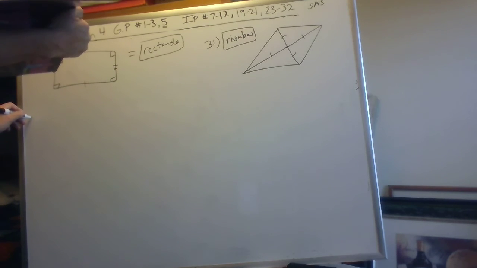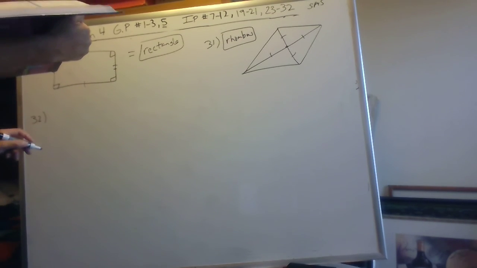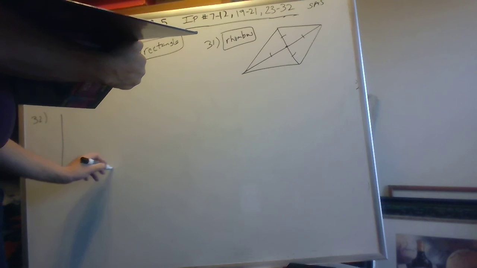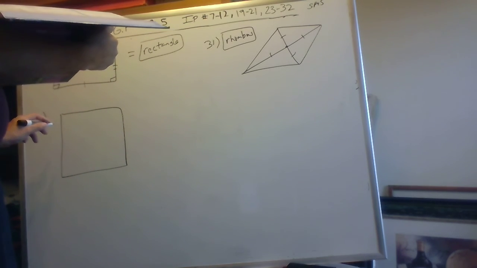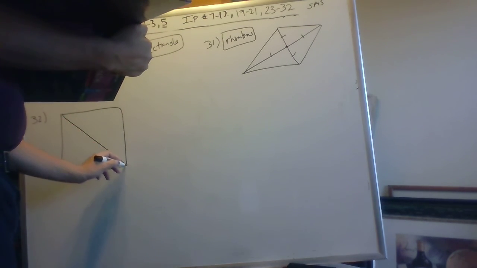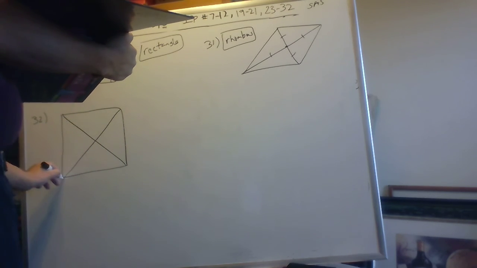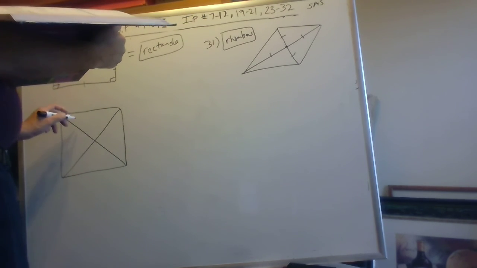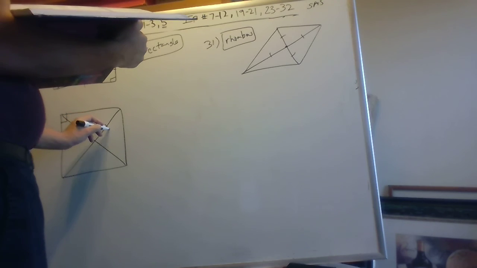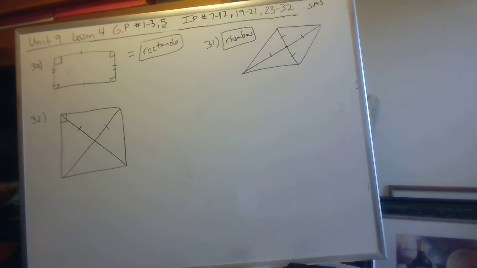And now 32. We have a 90-degree angle and we have two congruent segments like this. And essentially it wants us to classify what kind of shape that is. I just wanted to see if the book has a theorem, but it does not.